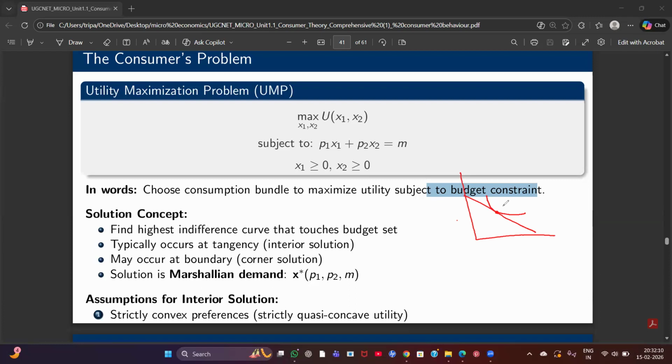The statement is true. There is a possibility if tangency occurs at the line segment. If tangency occurs not on the line segment but on other parts, then in spite of having simply convex preference, I may get a unique solution. So that's why I'm saying there is a possibility of getting multiple solutions. Okay, is this clear?